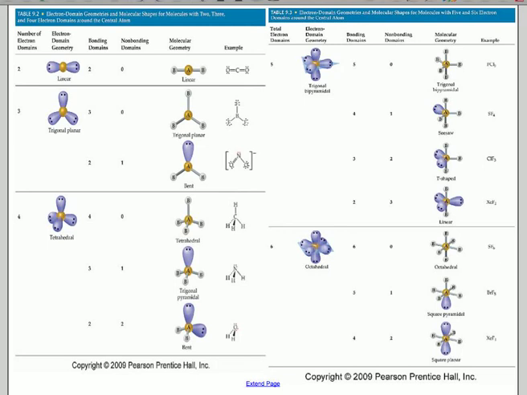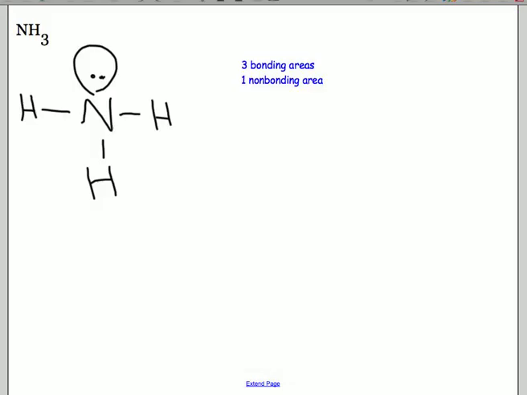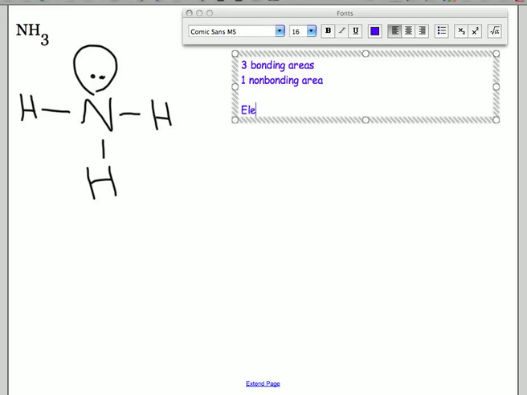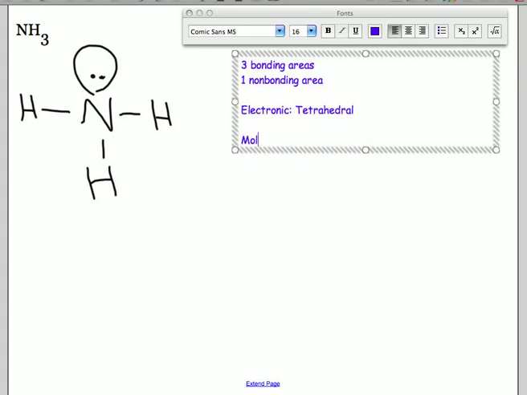So you have like a little 3-sided pyramid pointing down, and you have the lone pair pointing up. And so electronically, we were tetrahedral, but molecular, we were a trigonal pyramidal.